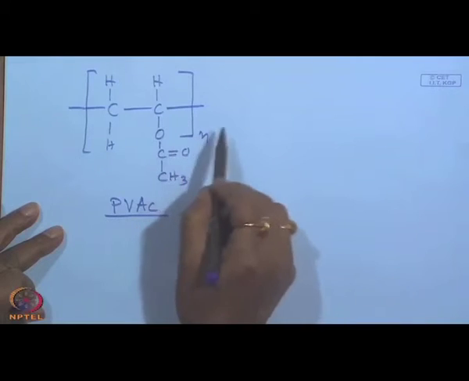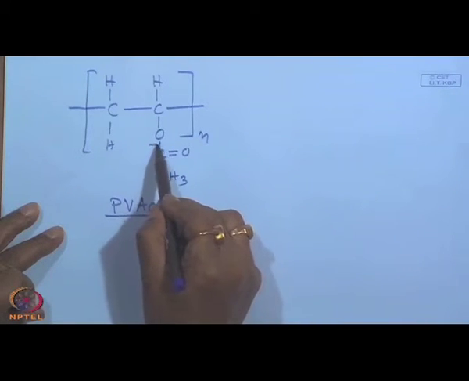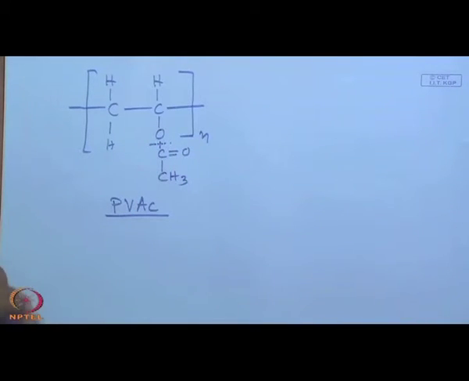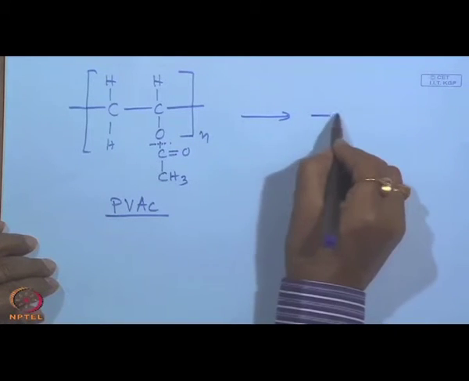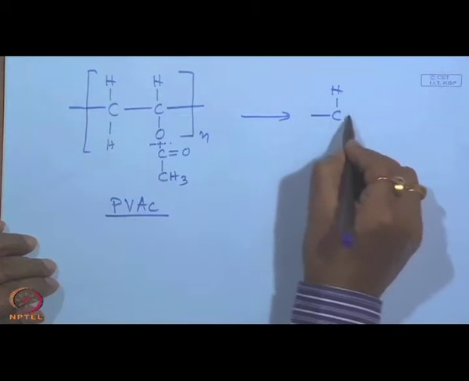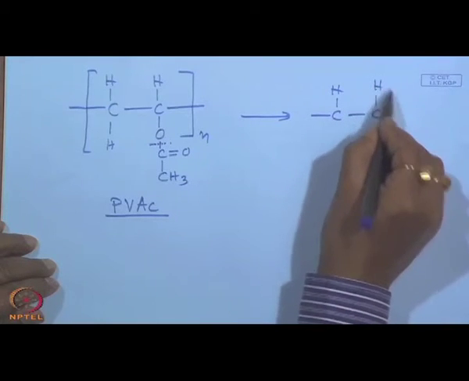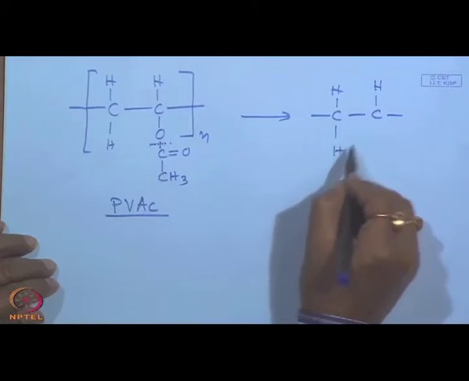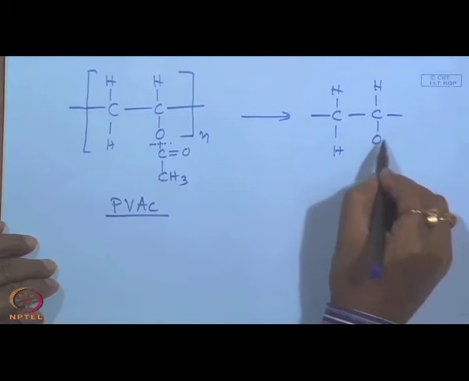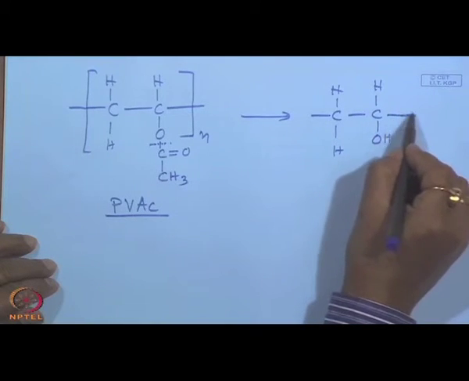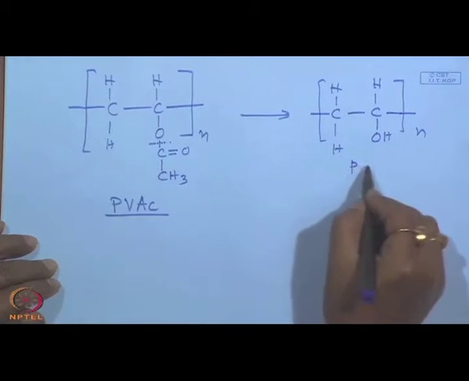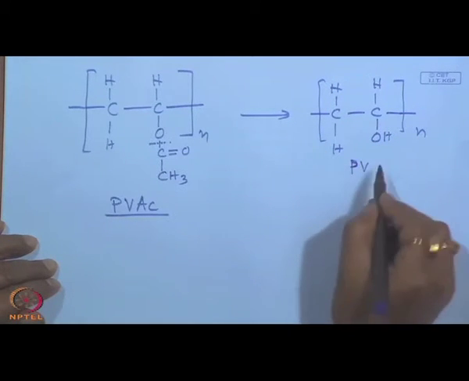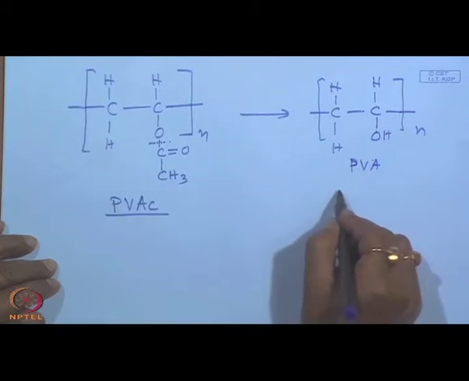Now, this is the vulnerable bond where it can hydrolyze forming this polyvinyl alcohol and acetic acid.